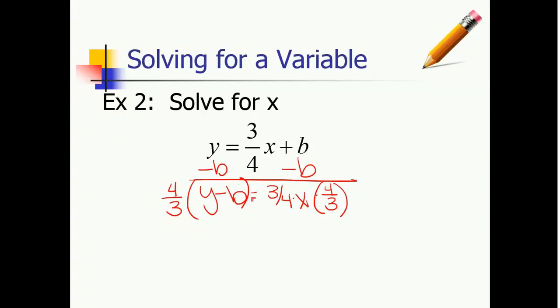Notice I'm putting this entire side on the left in parentheses because you need to make sure you multiply the entire side by 4/3. So 3/4 times 4/3, well, that's 12 over 12, which is equal to 1. So they actually cancel each other out. I'm left with just an x over here, and I got 4/3 times (y minus b) over there.